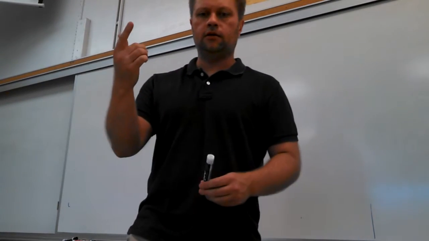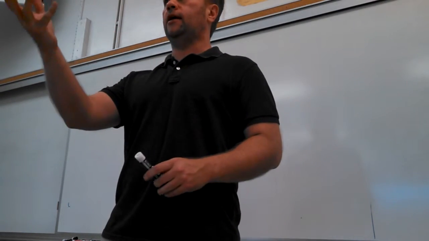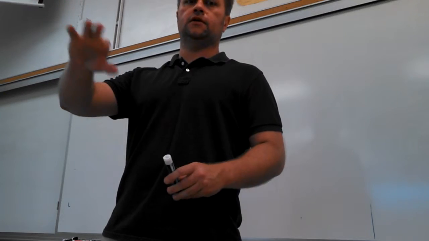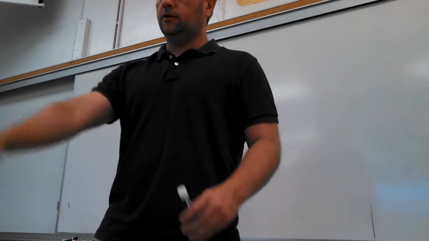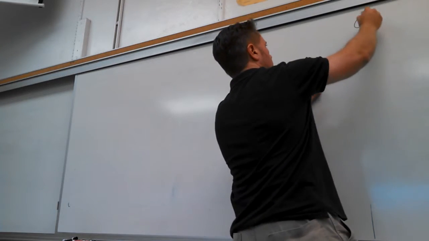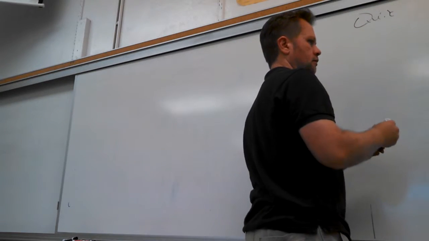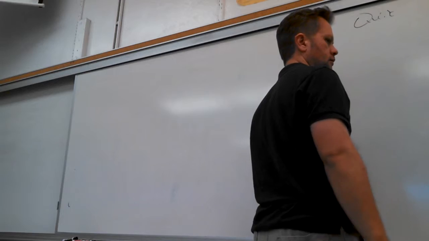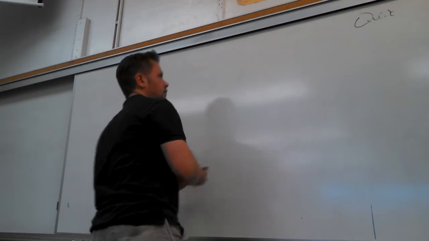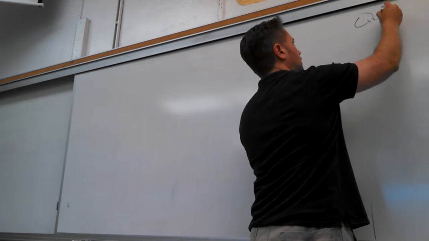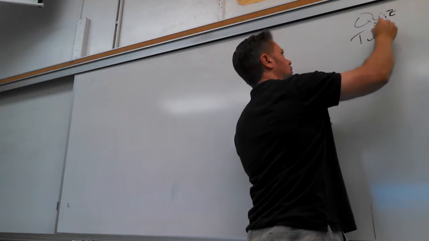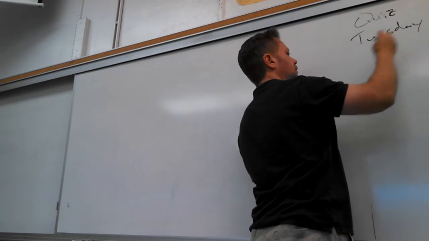So I want to talk about a to the x, e to the x, trig functions, and then I'm going to let you guys do a little group work thing I talked about yesterday. There's also going to be a quiz. So after today we should be done with 3.4. Or is it 3.4?